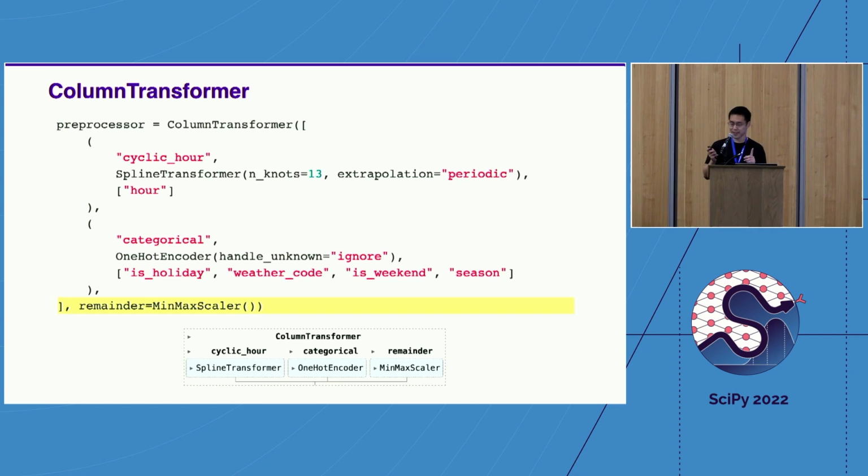And there's something new here, like relatively new, the spline transformer for the hour feature. This is very useful for periodic features such as the hour, because hours in our data set goes from 0 to 23 and then back to 0. So in this case, I use spline transformer with the periodic extrapolation.